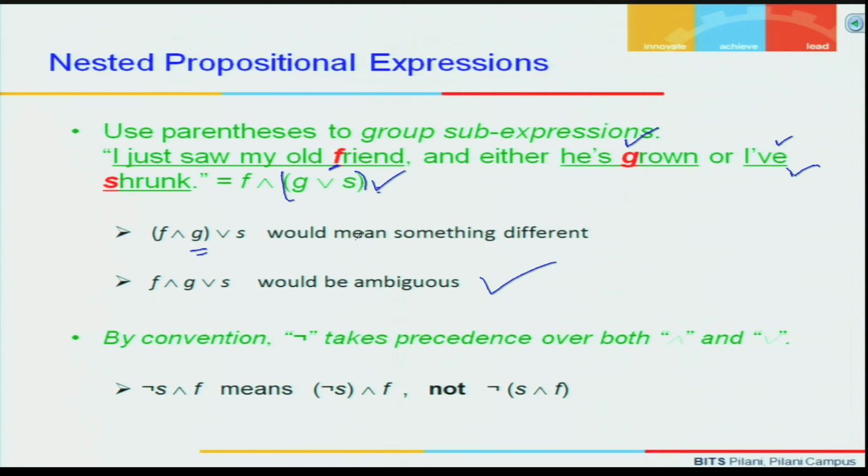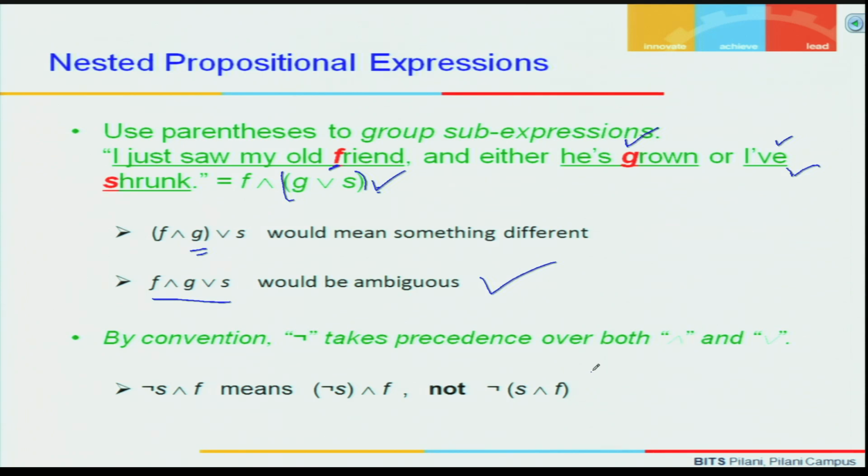However, there is some precedence. When you don't put such brackets, the precedence comes into play and takes its own action. For example, the not operator always takes precedence over and, or.